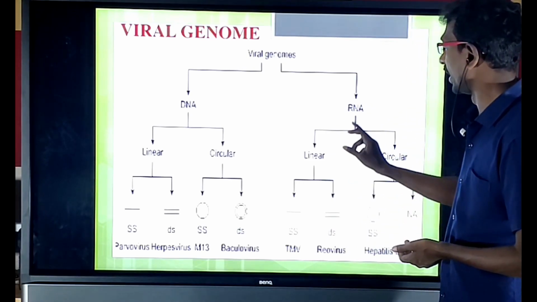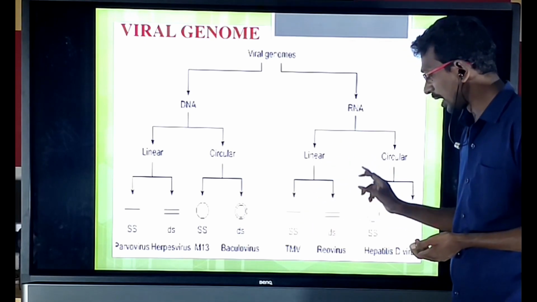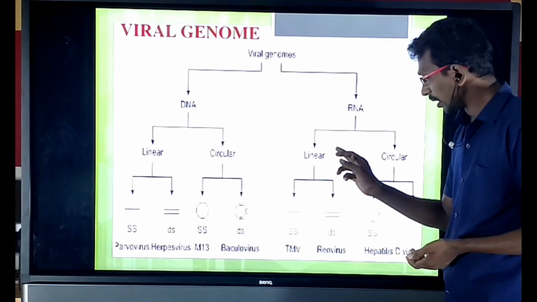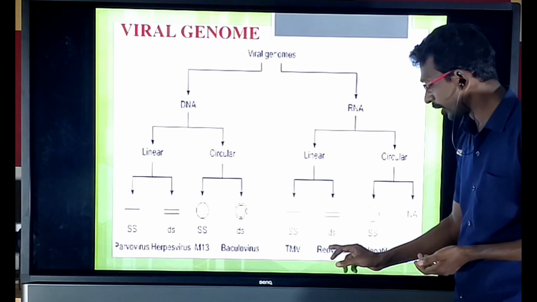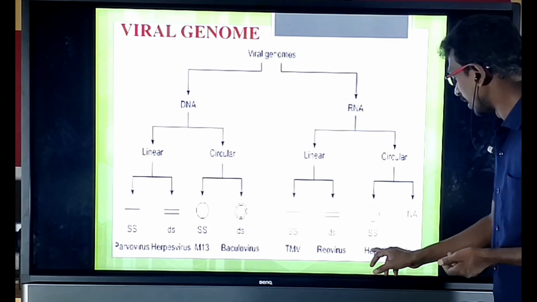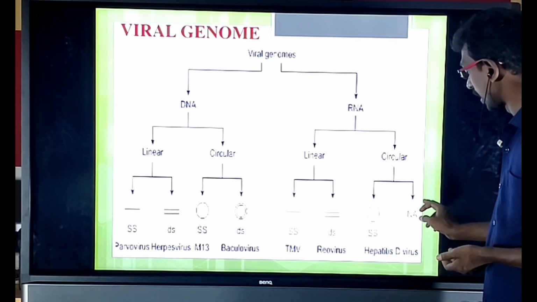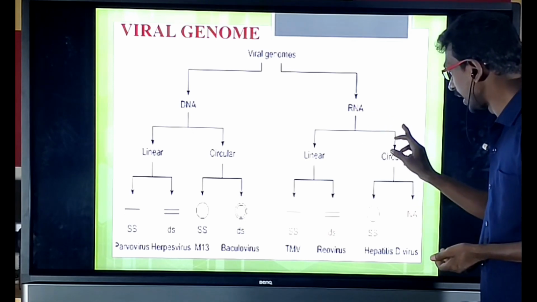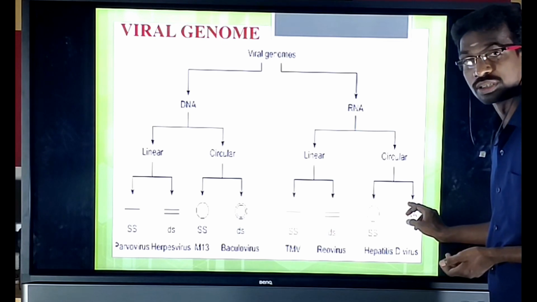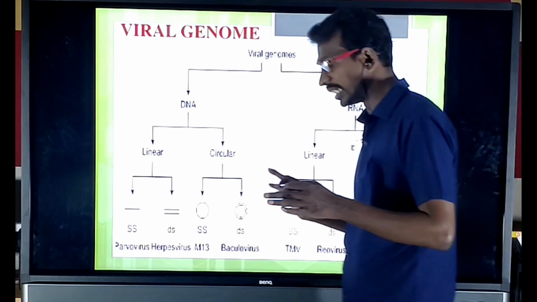RNA may be linear or circular. Linear with a single strand means TMV. Linear with a double strand means reoviruses. Circular with a single strand means hepatitis D virus. Double stranded circular RNA does not exist, because RNA is always linear.